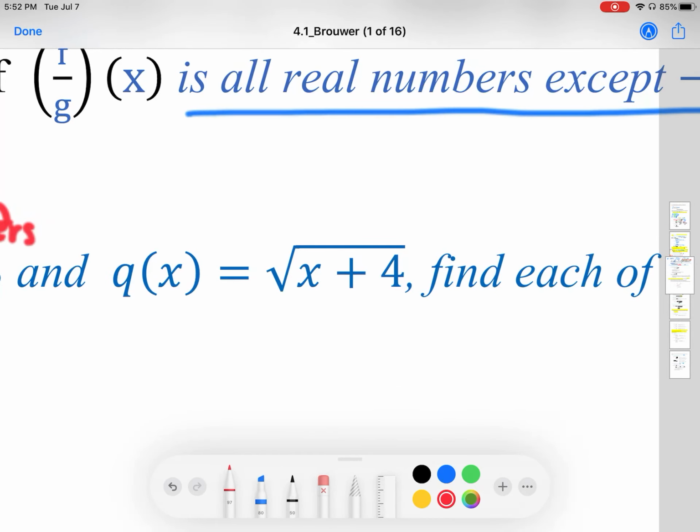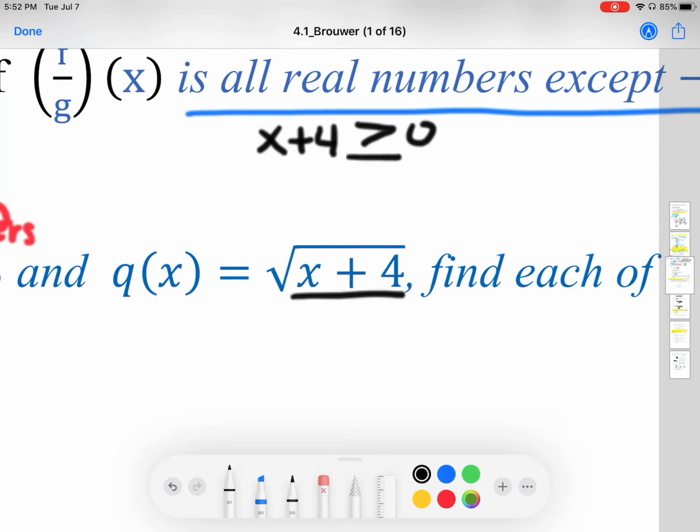All right, for Q, what can x be? We have a square root. And remember, I can't take the square root of a negative number. That's a problem. So I need to find out what makes it negative. To do so, we take our value inside, x plus 4, and we want all numbers that are greater than 0, but they can also be equal to 0.